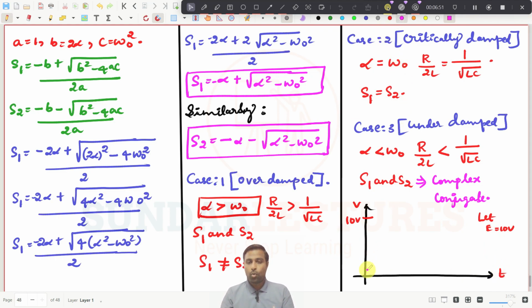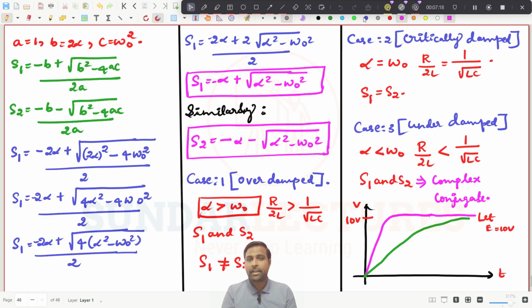And see, one thing, this 10 volts will be reached after a certain time, like this. Or it will take so much time to reach the value of E. This is one condition.